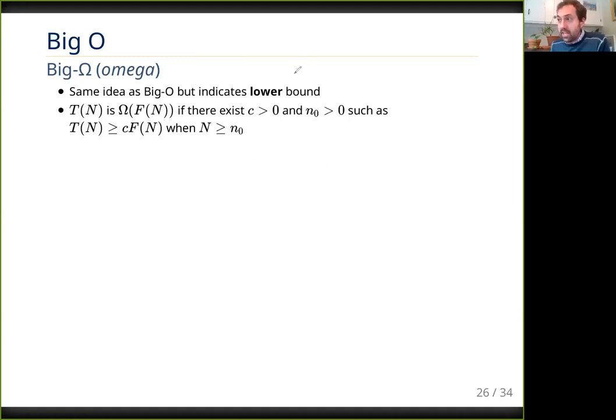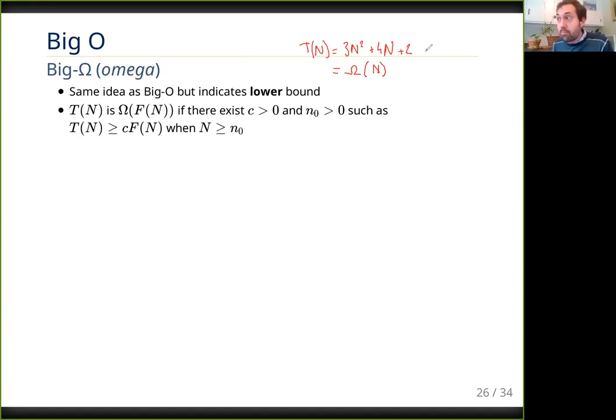So for example, if I had a certain function such as T of n equals, I don't know, 3n squared plus 4n plus 2, I can't remember what it was. T of n would be omega of n. Omega of n here is a lower bound to this function.